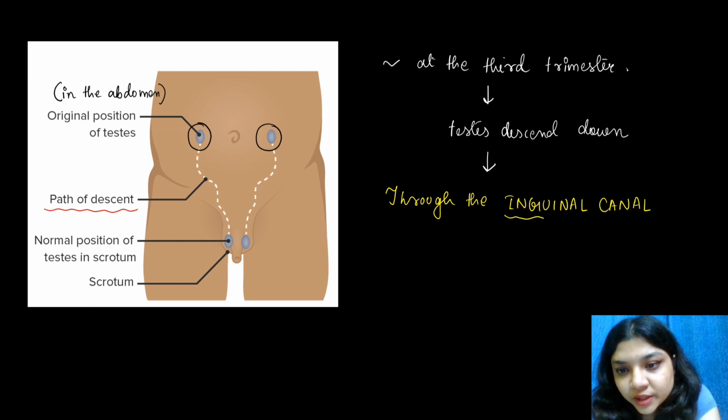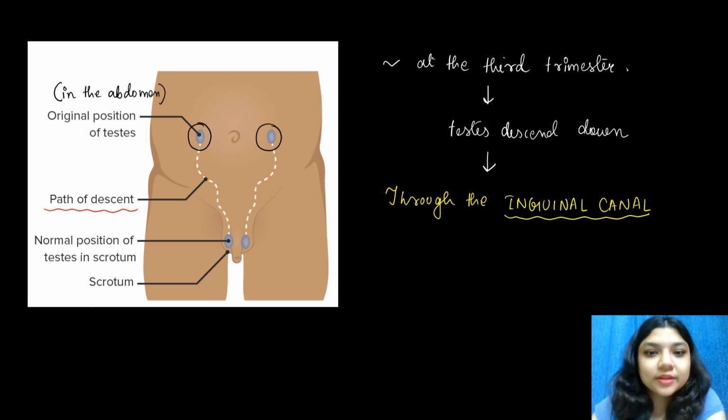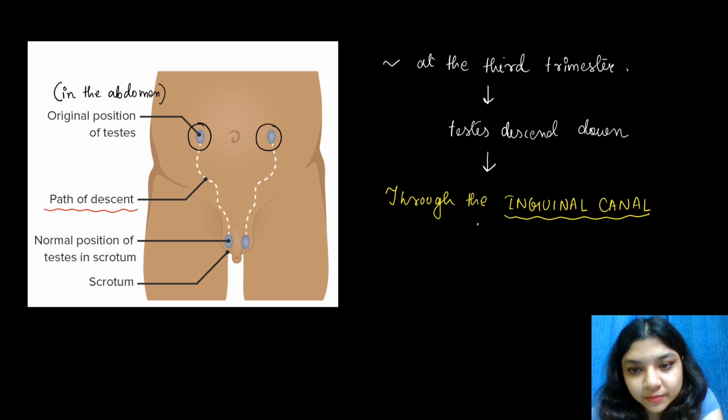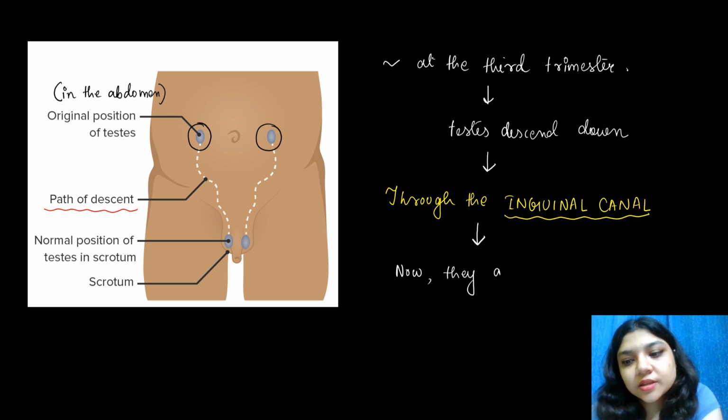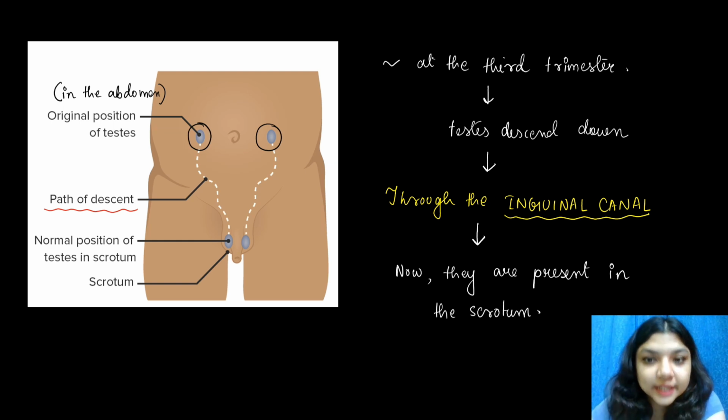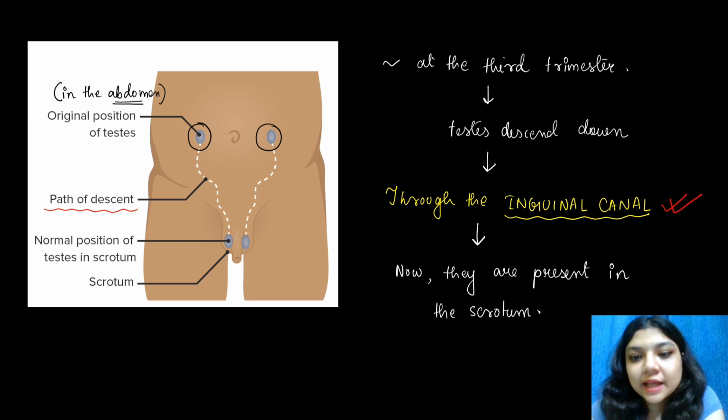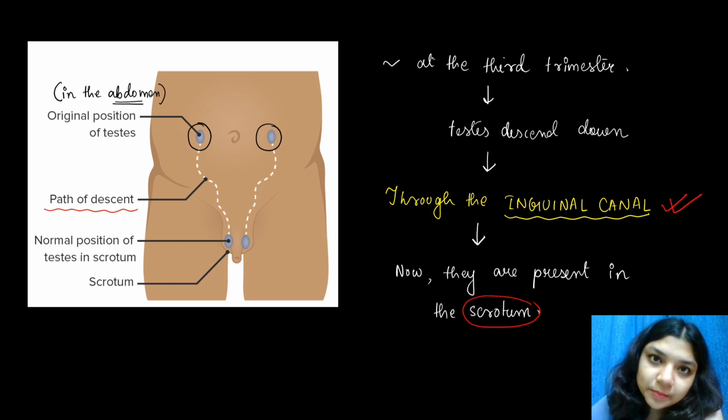This inguinal canal is the passage through which the testis descend down, and once they have come down, they are present inside the scrotum, which we just saw. So originally it is present in the abdomen only, but at around the third trimester it descends down via the inguinal canal and is then present in the scrotum.